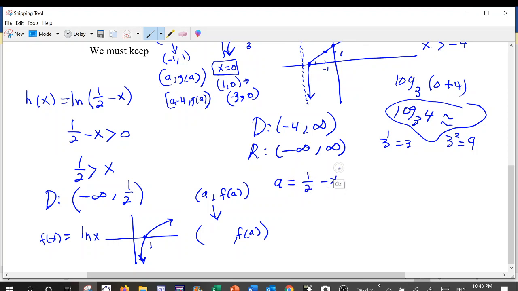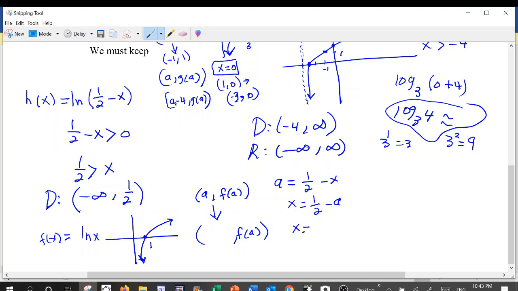So now we move the x to this side, and move the a to the other side. So it would be 1/2 minus, right? So you have to get x multiplied by negative, and then you have to add 1/2 to it.